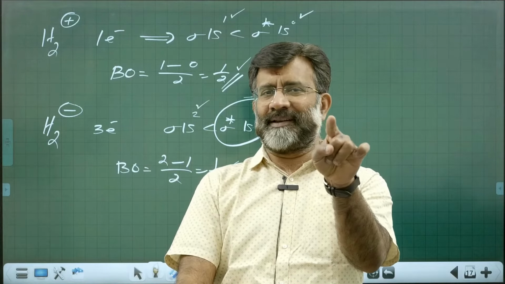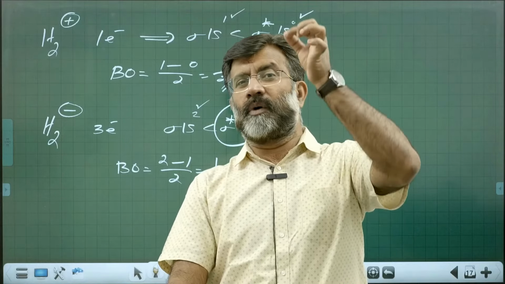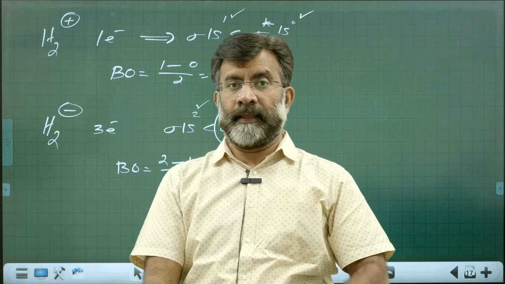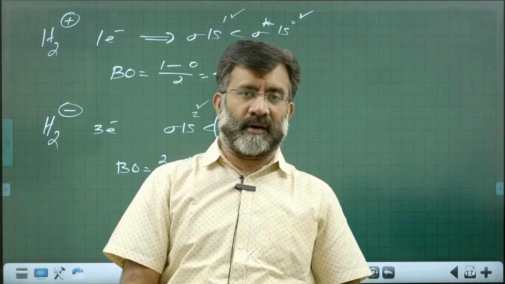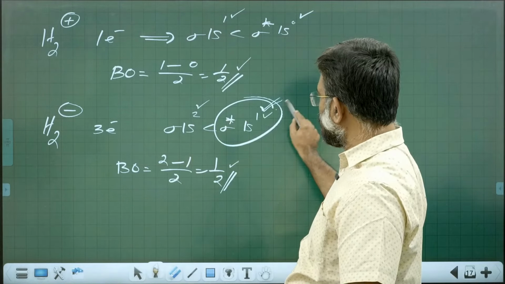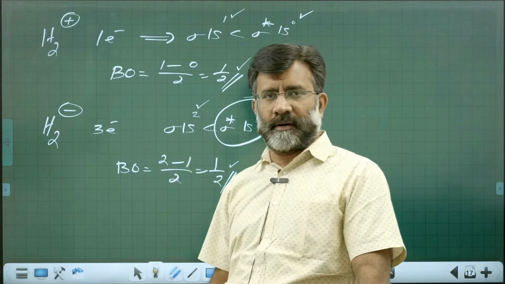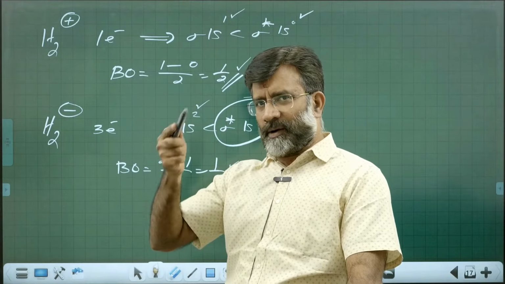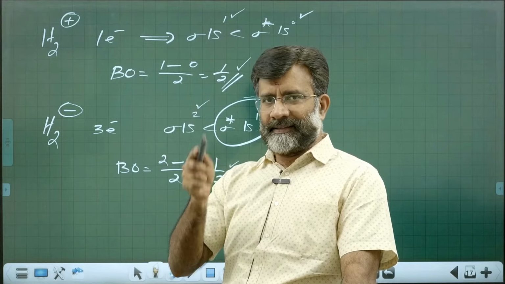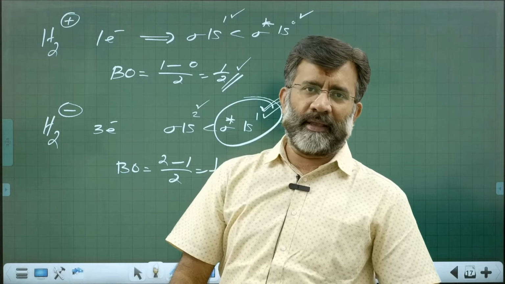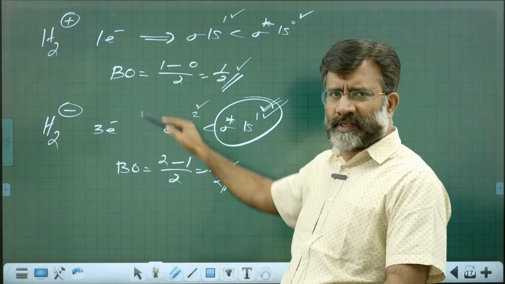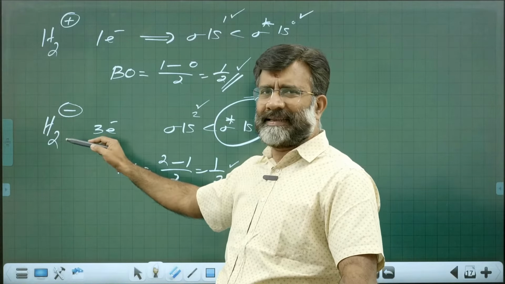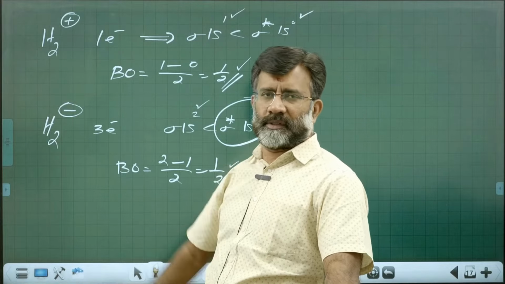Anti-bonding orbitals are slightly more destabilizing than the stabilization caused by bonding molecular orbitals. Here an extra electron comes in the anti-bonding molecular orbital, which causes more destabilization than the stabilization caused by the bonding electrons. So both are almost equally stable, but H2 minus is slightly less stable.